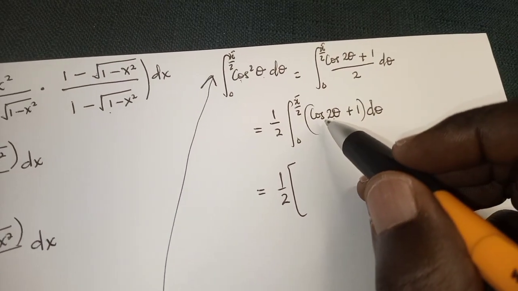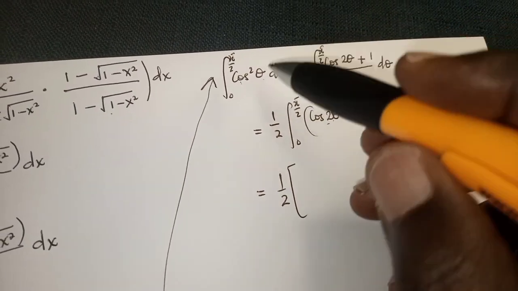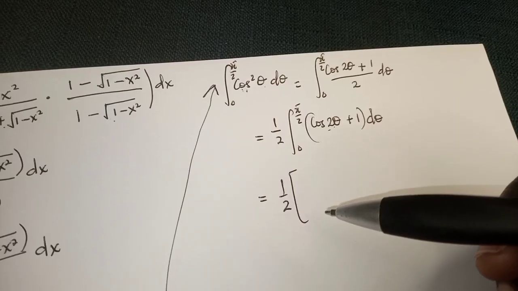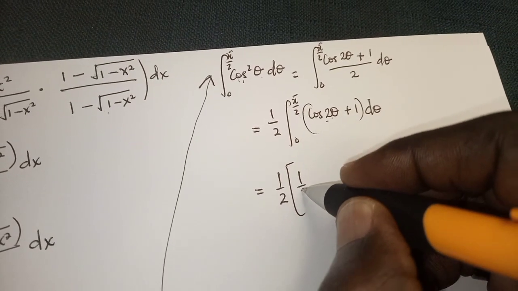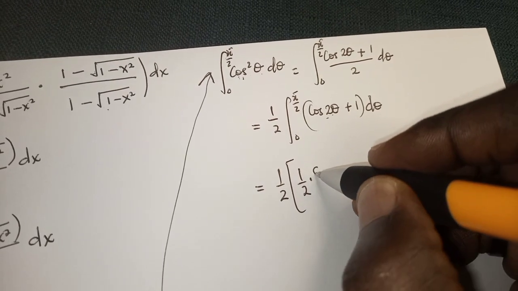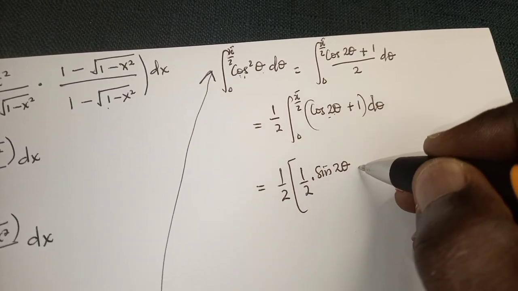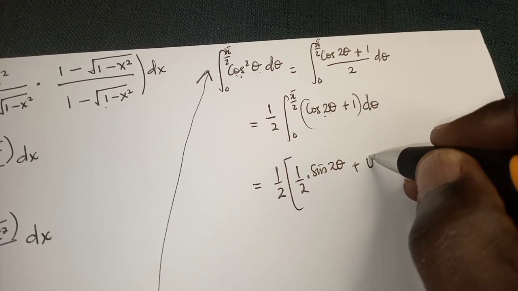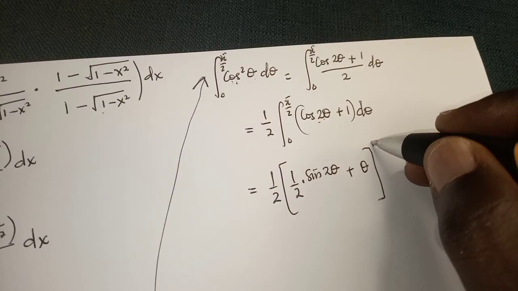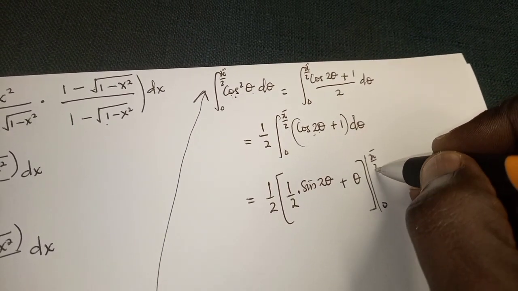I've also done the proof of this integration in another video, so you can check it out. So you have 1/2 times sine 2 theta, then plus, integrate this, you get theta, with the limits 0 to pi on 2.